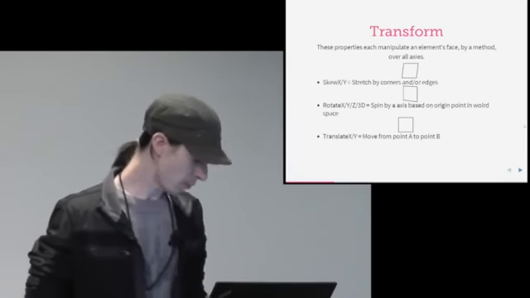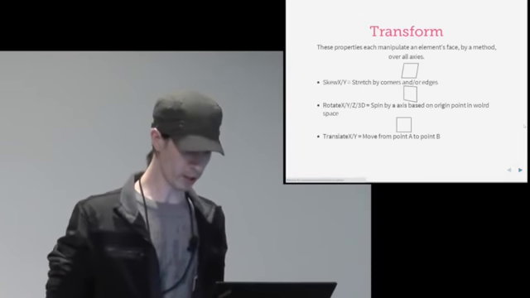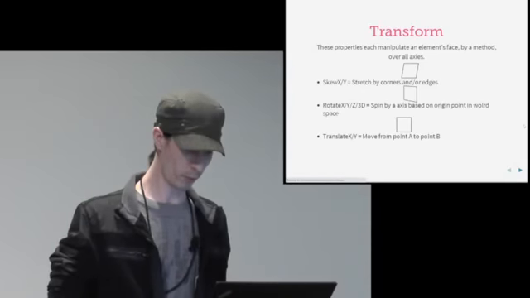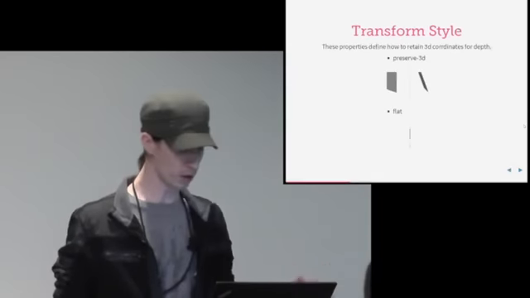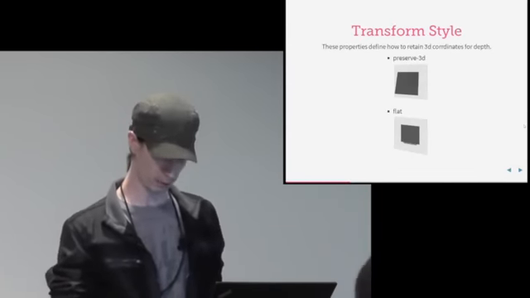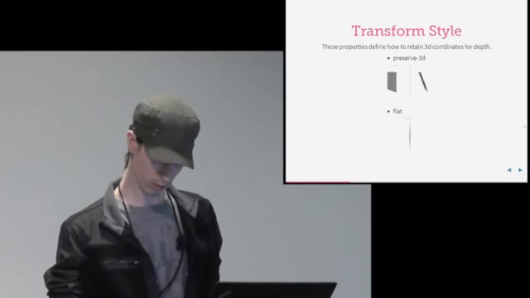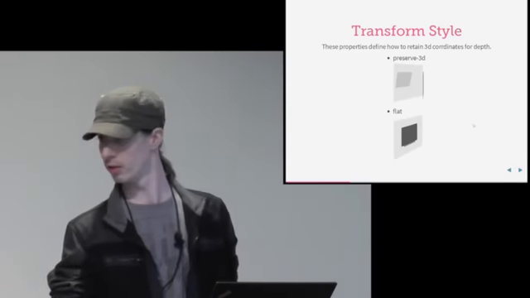So if we were to use these properties, let's say on some children that are within a parent, right? And we rotate, skew, turn these guys a little bit. Whoa. What does that mean?